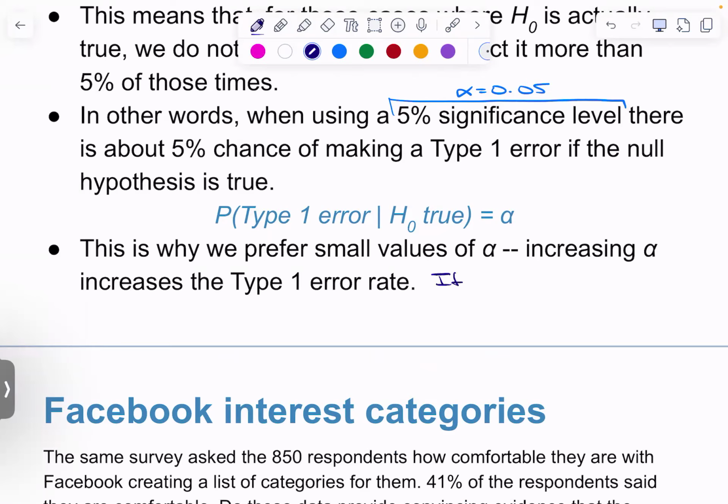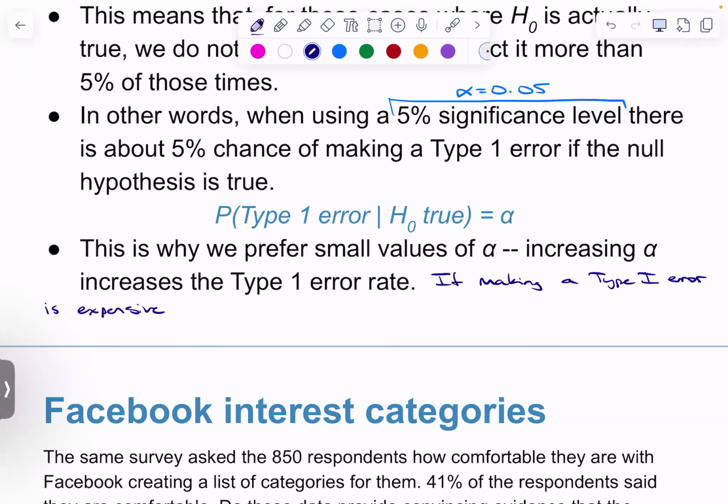And if making a type 1 error is expensive, usually we're talking about financially expensive, but maybe in terms of what it makes people do.